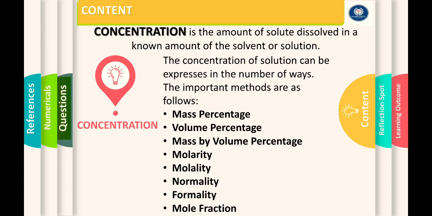A dilute solution means the quantity of solute is relatively very small, and a concentrated solution implies that the solution has a large amount of solute. To quantitatively describe the concentration of various solutions around us, we commonly express levels in various ways.